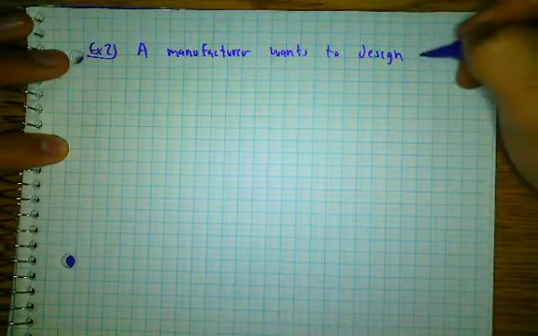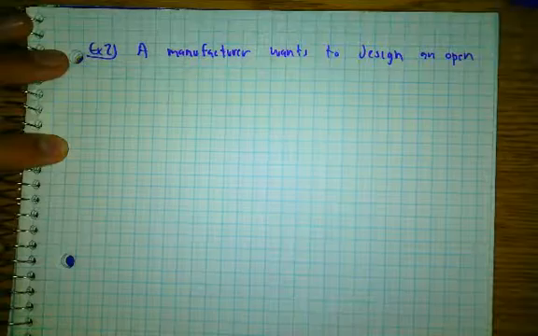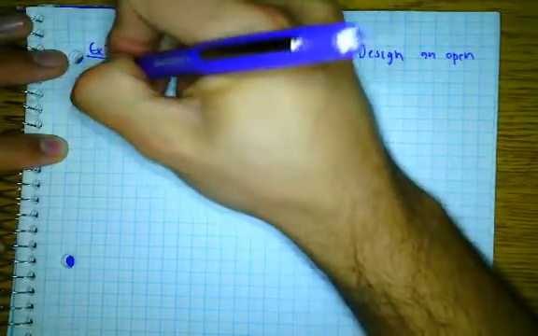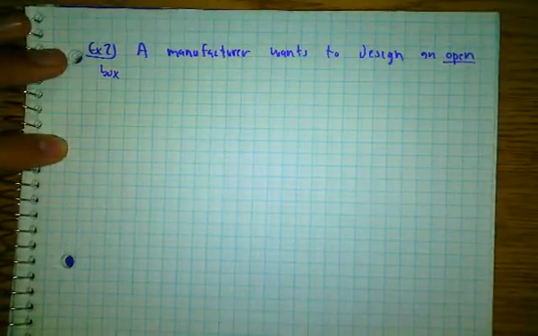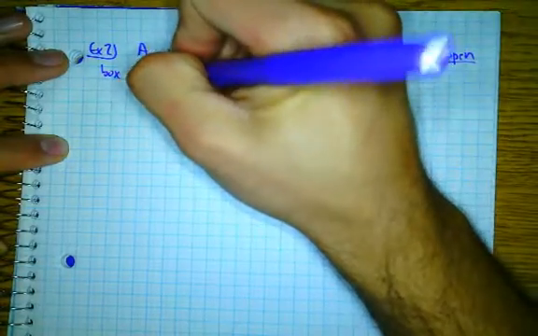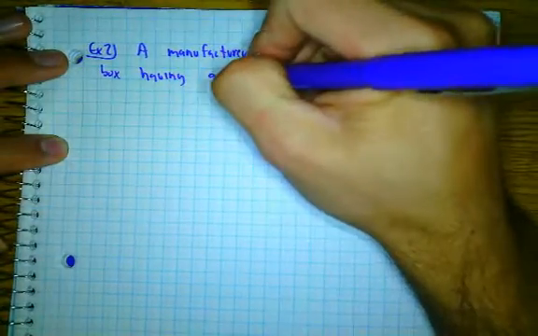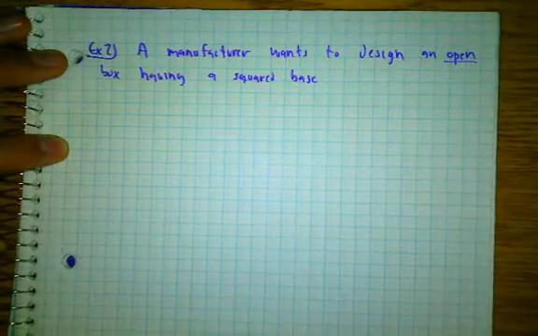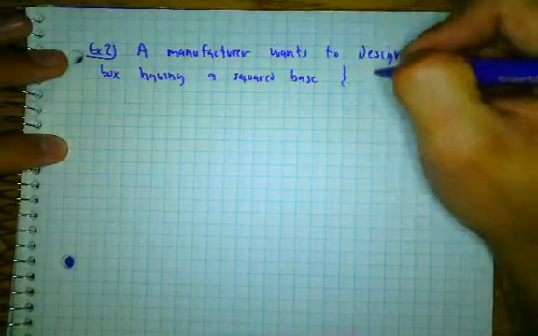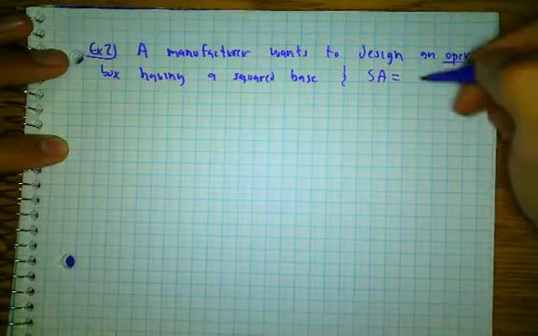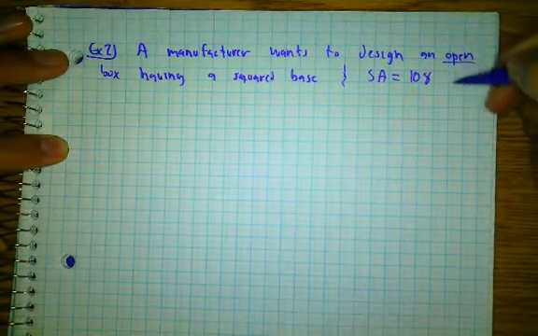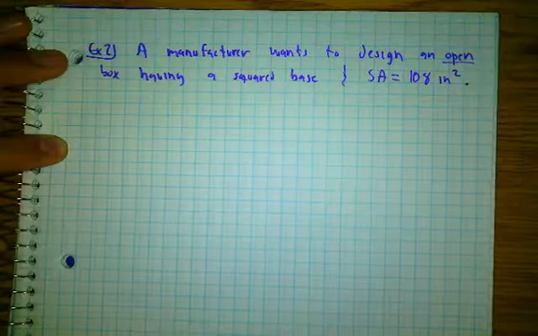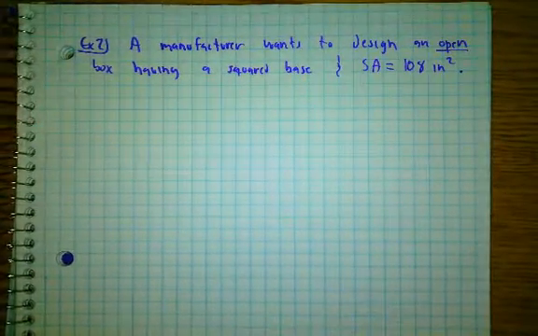Open box having a square base and a surface area of 108 inches square. Okay, so that's the material that he wants to spend on this box. It needs to have a square base, and it needs to be open.